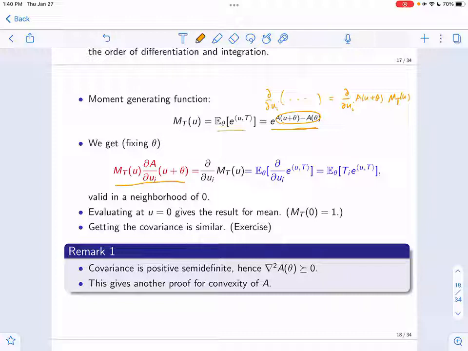For this side, if I take the derivative, as we argued, we can move it inside, so I get the expectation of the derivative with respect to u_i of e to the u transpose t. So what is the derivative of this? This is just, let's say, the summation j from 1 to d of u_j t_j.